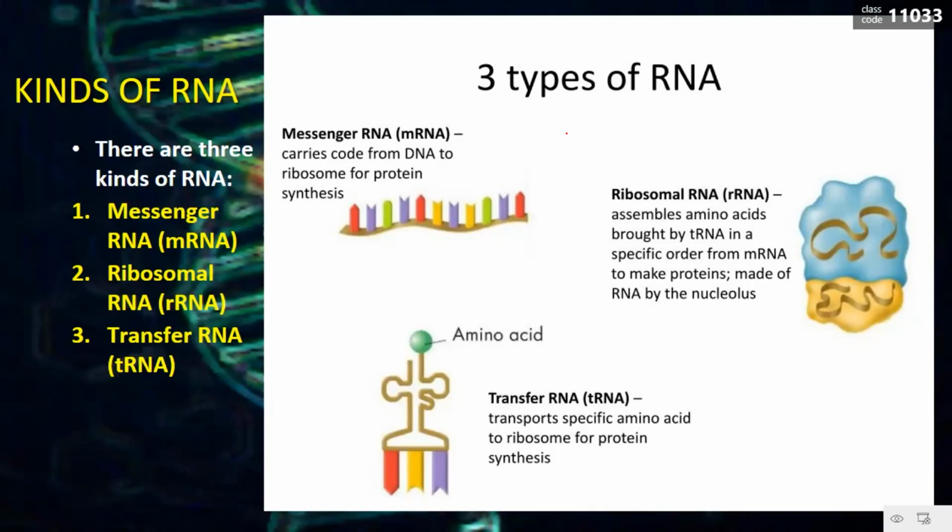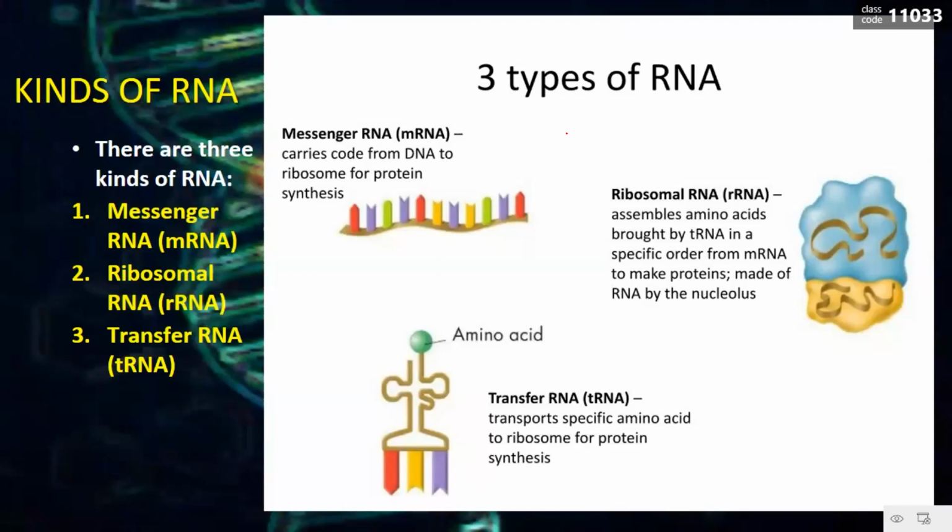But anyway, let's proceed. For transfer RNA, the code from the DNA is transferred to the messenger RNA or mRNA. After that, it will signal the tRNA to transport amino acids. These amino acids will be assembled by our ribosomal RNA.